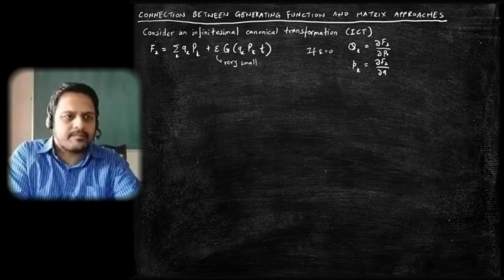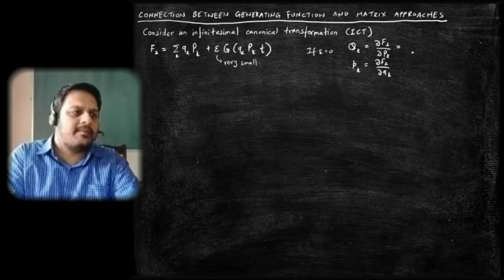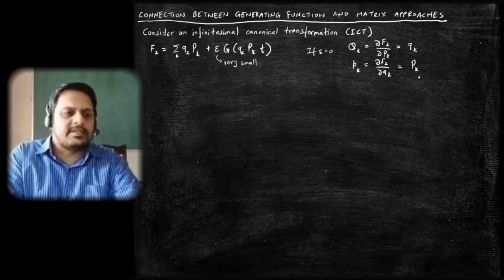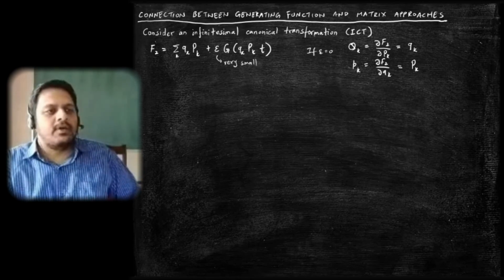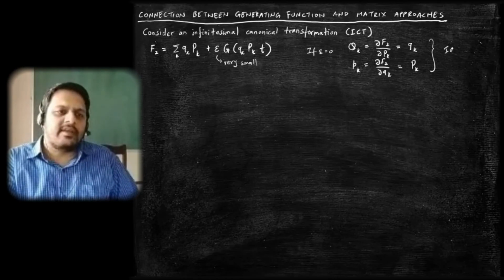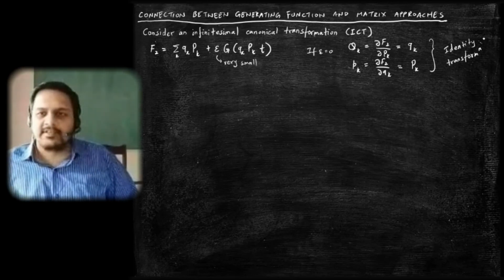Qk is daba F2 by daba Pk. It will just be small qk. And daba F2 by daba small qk will be capital Pk. This tells you that the new coordinate is same as the old coordinate and the old momentum is same as the new momentum. Which means basically you have generated what is called an identity transformation, or you have left the system unchanged. Identity transformation is just a fancy way of saying I did not change anything.